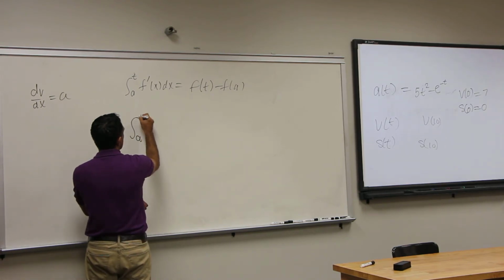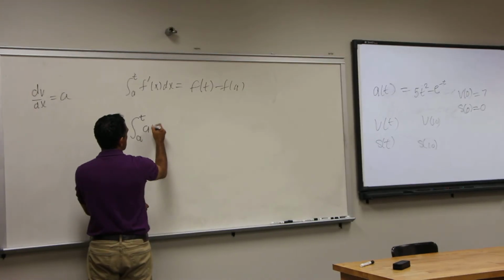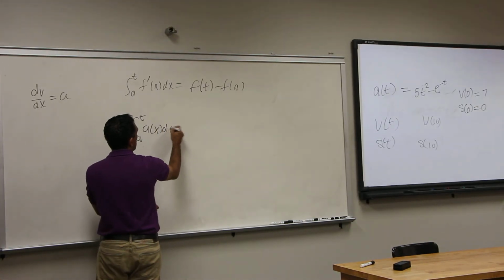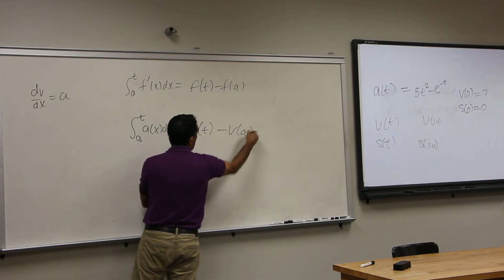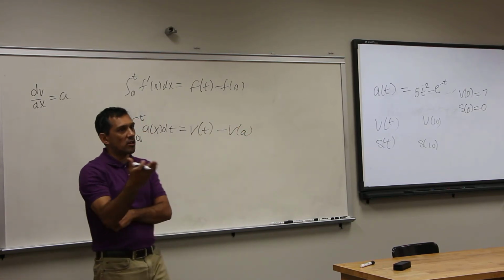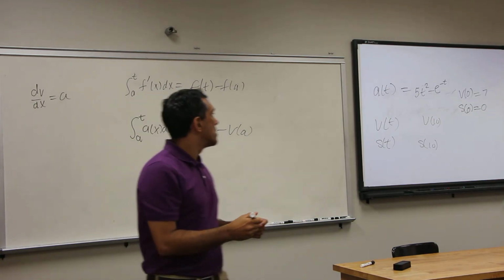The integral from a to t of the acceleration function will be the velocity function at t minus the velocity function at a.